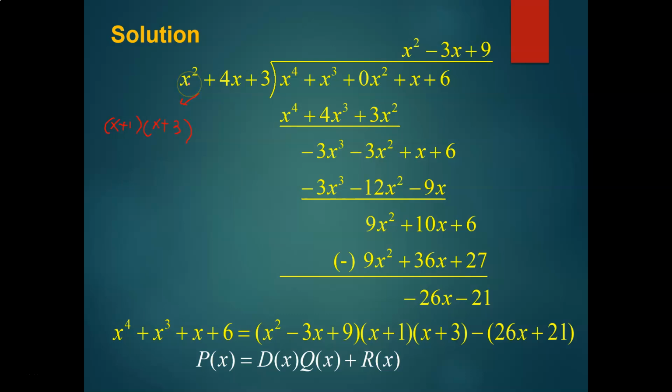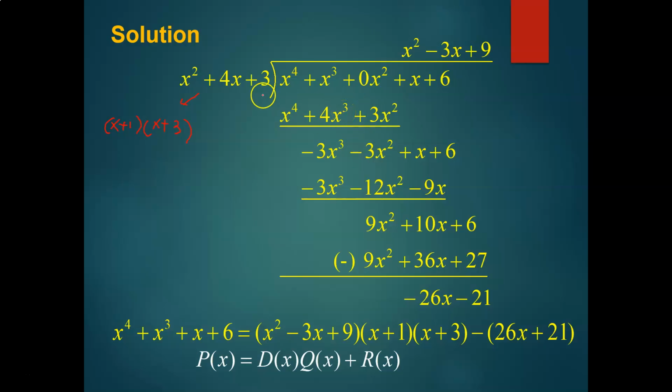Okay, x square kali berapa dapat x to the power of 4? X square times x square. So you dapat x to the power of 4. Okay, macam yang tadi, baki dia you darabkan. Baki dia yang belum lagi disentuh ni you darabkan. 4x times x square, you dapatlah 4x cube.